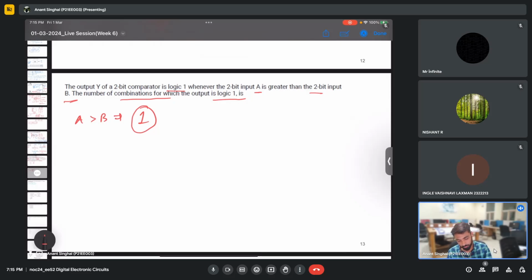So you should know that this is a 2-bit comparator, that is, this will be A1 A0 and this will be B1 B0. Let me know if you get any answer, or otherwise I'll try it out after 2 minutes.